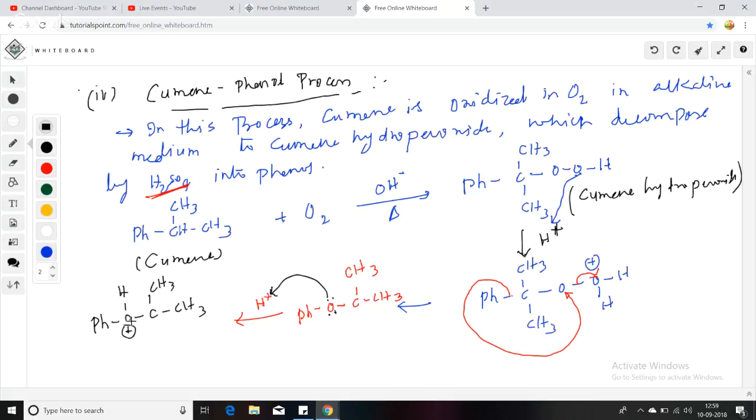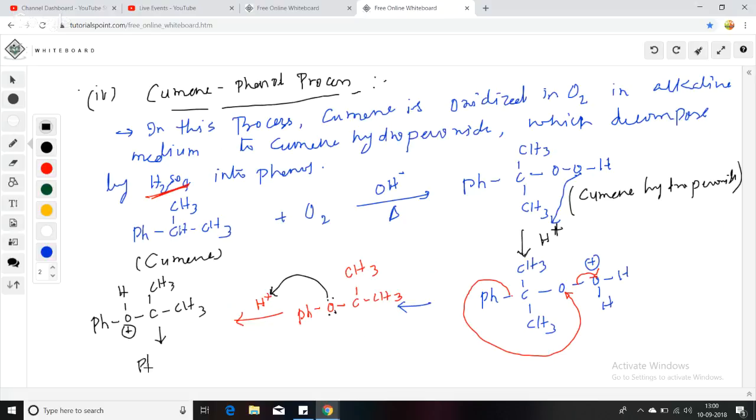Now in this we have PhOH, right? And (CH3)2 C, we have, right? Okay, fine. So what happens finally, this bond pair is taken up by this oxygen, and this bond pair comes over here.